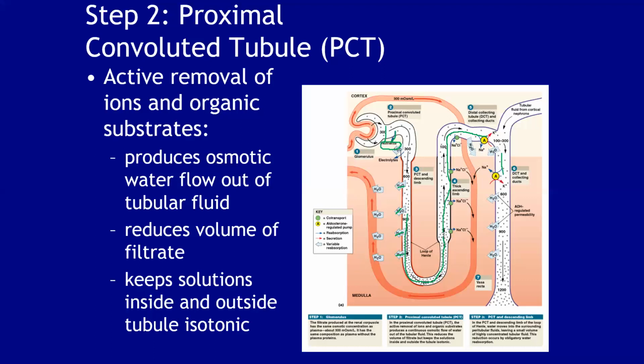So if we started at 100 to 300 parts per million, as we continue down through the conducting tubules, we're again concentrating because we could very possibly be losing water.